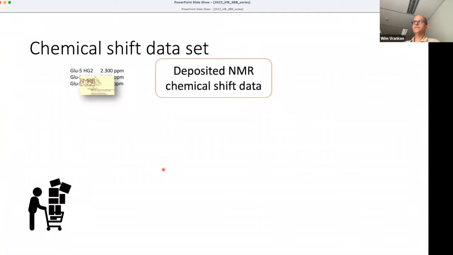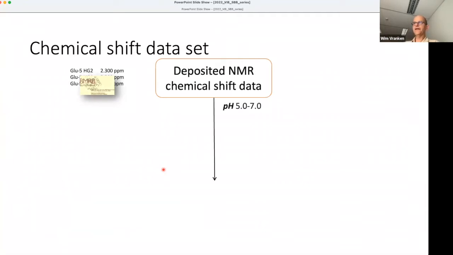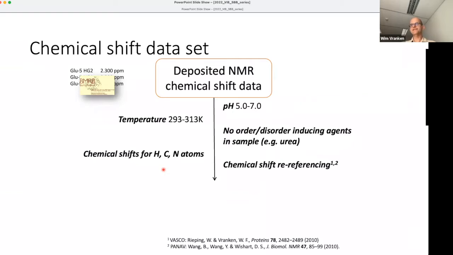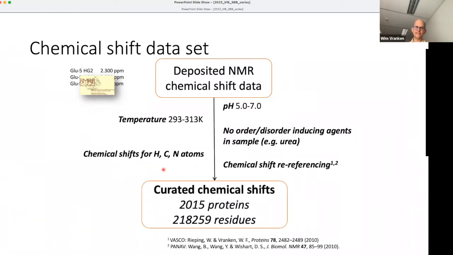So we started from the Biomac Bank, where you have deposited NMR chemical shift data available, and then made sure that we only took chemical shifts recorded for proteins in a particular set of conditions, so between pH 5-7, a relatively narrow temperature range, no order or disorder inducing agents in the sample, like for example urea. Made sure we had lots of chemical shifts for H, C, and N atoms, and then also we applied correction methods like chemical shift rereferencing to get this curated set.